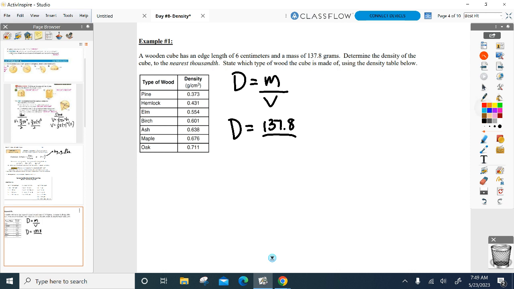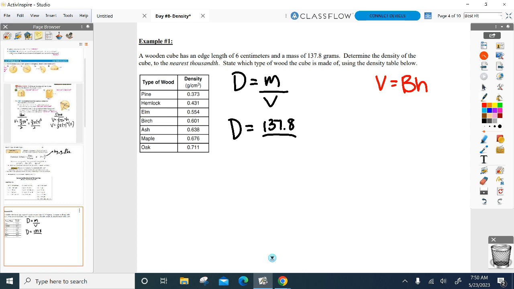So off to the side, we'll calculate volume. It's a cube, a prism, right? If you got to look back, volume is BH.